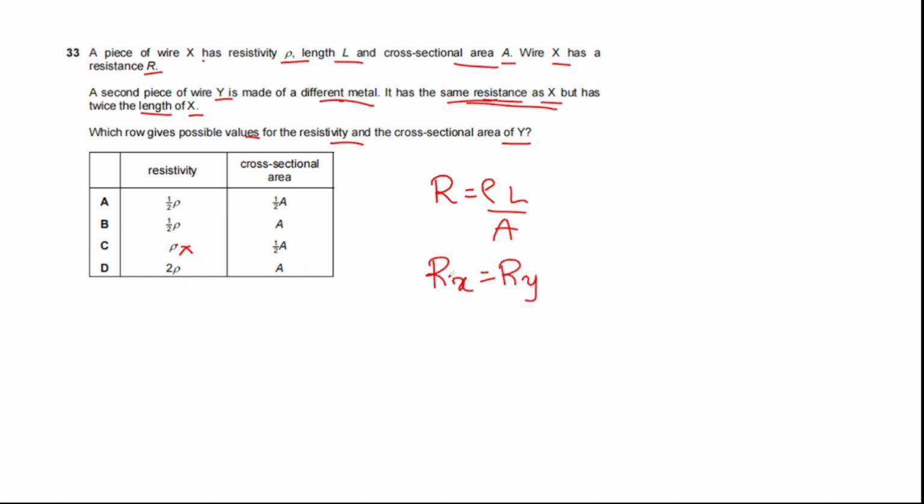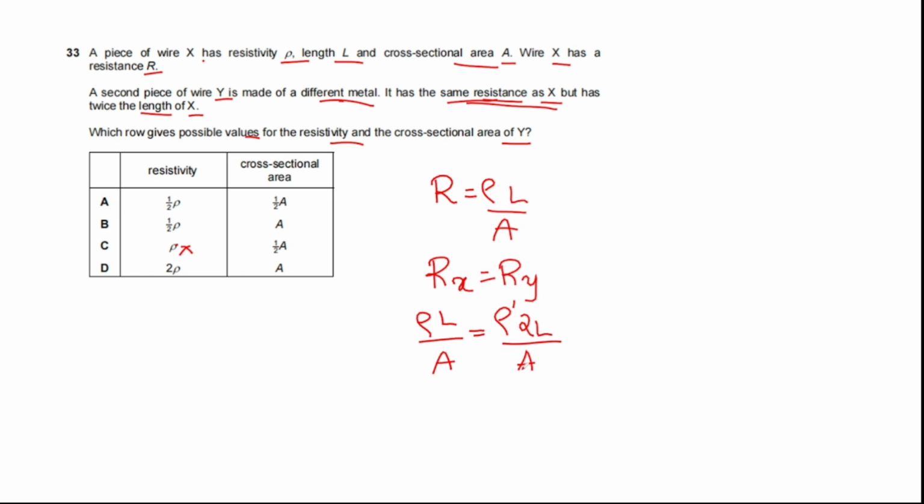So substituting the conditions, for Rx, it is rho L divided by A. But for Ry, it is a different rho value, so we can consider it as rho dash, and the length is twice the length of L, so it will be 2L divided by A, we don't know.